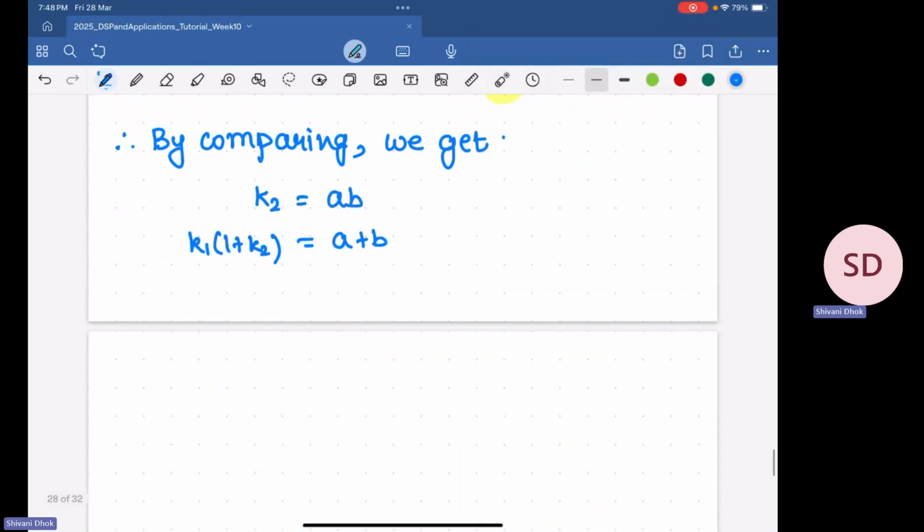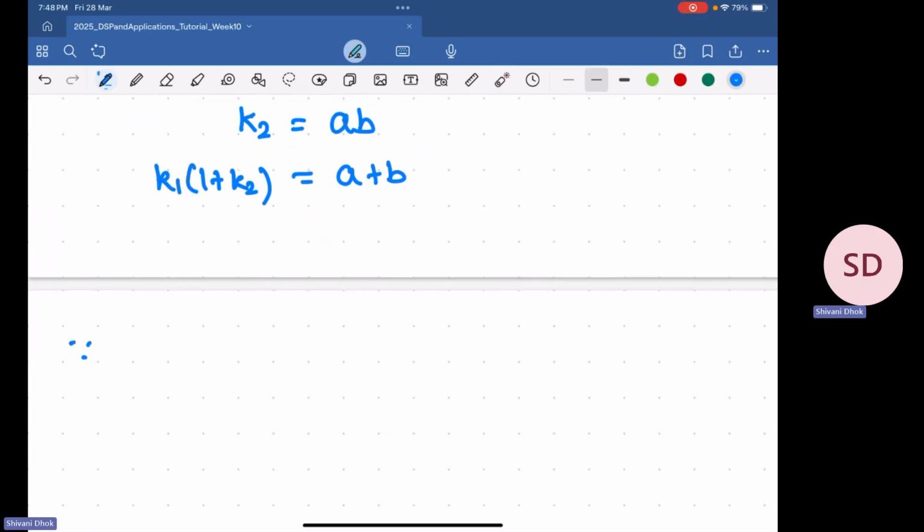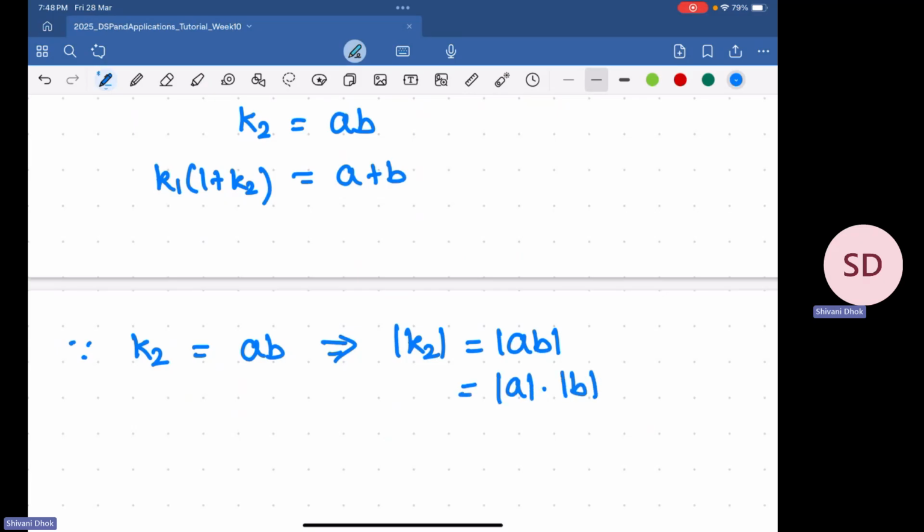So let us first do for k2 for this equation. Since k2 is equal to ab, which means that magnitude of k2 is equal to magnitude of ab, which is rather equal to magnitude of a into magnitude of b, and magnitude of a is less than or equal to 1, and magnitude of b is also less than or equal to 1, so therefore this is also less than or equal to 1.